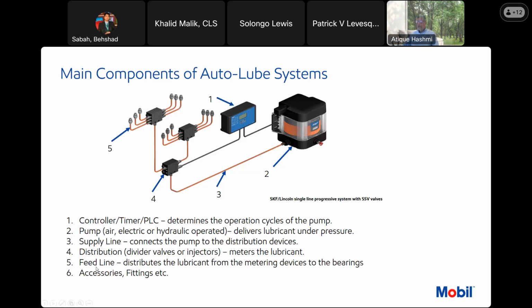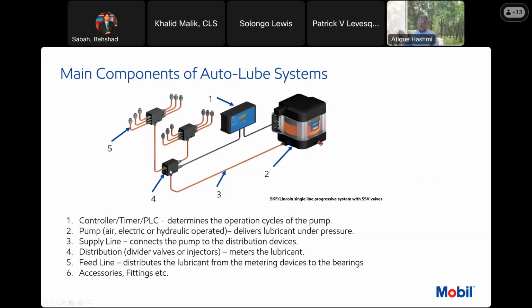So the fifth component of the distribution system or auto lube system is a feed line. So this is a secondary or primary or master divider block, and I'll explain why we need secondary and primary divider blocks for the system.